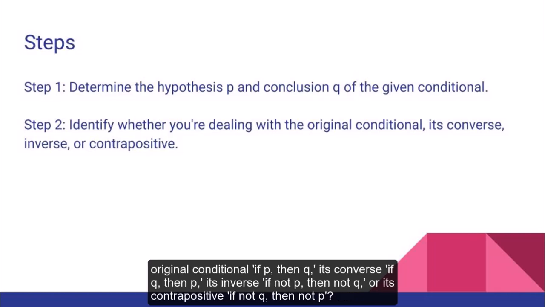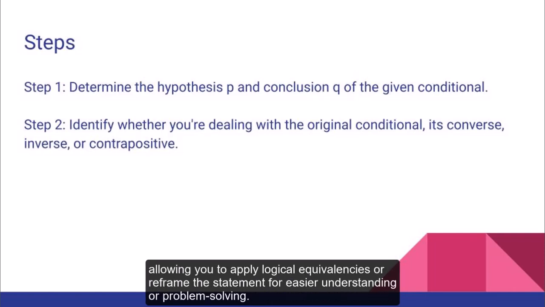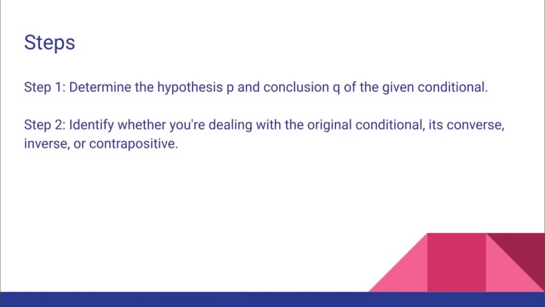Is it the original conditional, if P, then Q, its converse, if Q, then P, its inverse, if not P, then not Q, or its contrapositive, if not Q, then not P? These steps lay the foundation for understanding the statement's logical structure, allowing you to apply logical equivalencies or reframe the statement for easier understanding or problem solving.